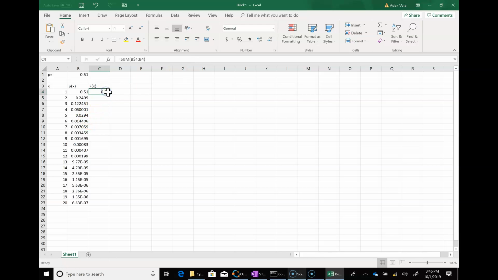So when I go down one row, the CDF is adding this value and this value together, right? So if you see 0.51 plus 0.2499, I get about 0.76. If I add another 12%, I get about 88, right? And I can fill this down.